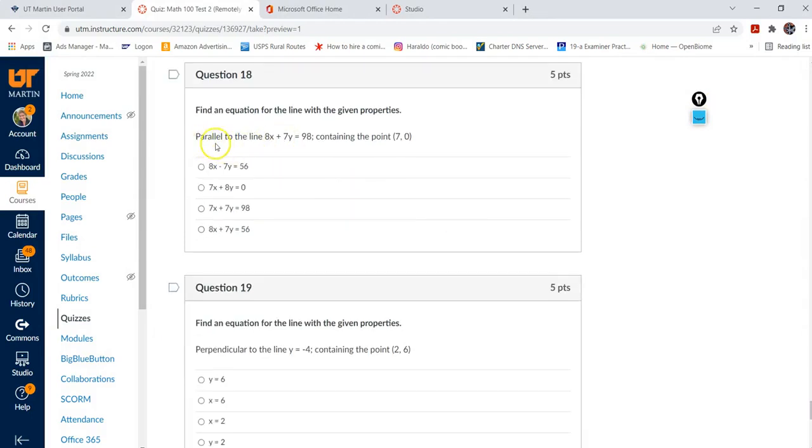Find an equation parallel to that line containing this point. Okay, let's see what we can do. Parallel, again, it has to have the same slope, but it's got to be in slope-intercept form before I can use it. So I'm going to take this and I'm going to subtract 8x from both sides.